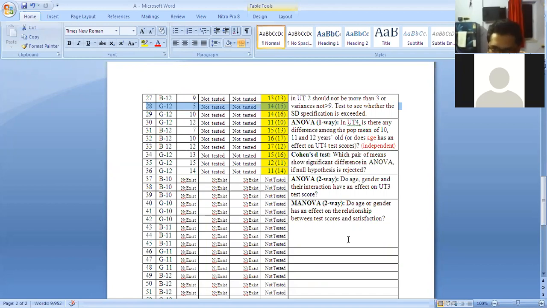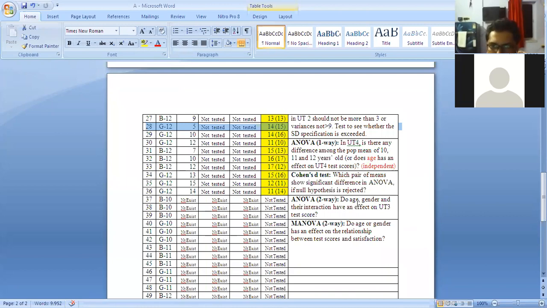But here you would like to test whether the age, gender and their interaction have an effect on the unit test 4 test score. Actually it should be 4. So do age, gender and their interaction have an effect on unit test 4 test scores?